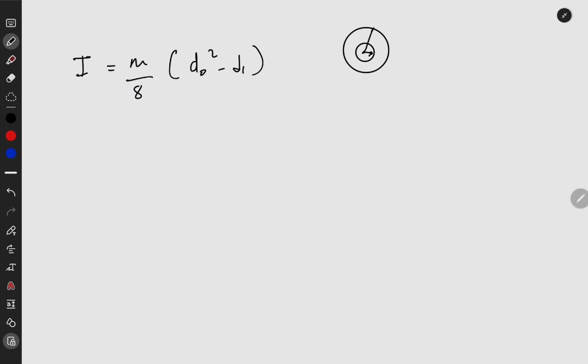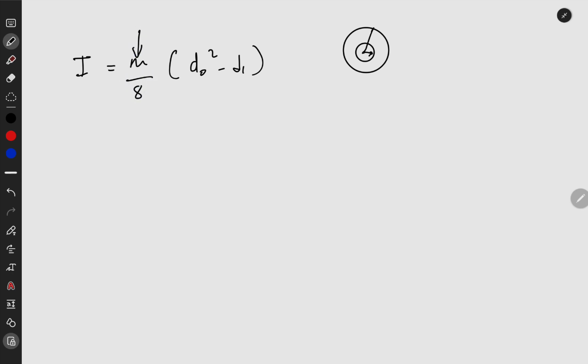I think you should remember it. It's going to be mass and then d out squared minus d inner squared. It's a loop, so there are literally 2 d's, outside and in. That's how our flywheel looks like. So that is all over 8 here.